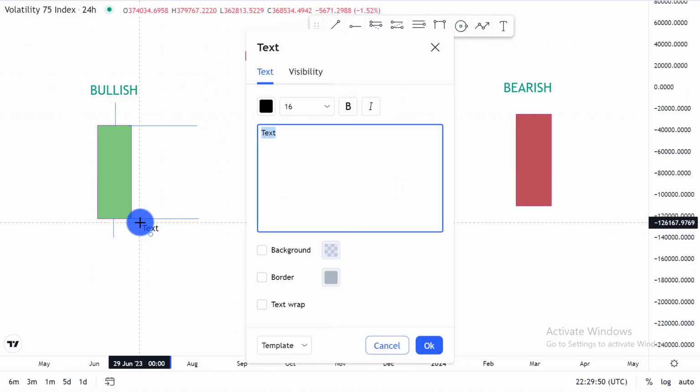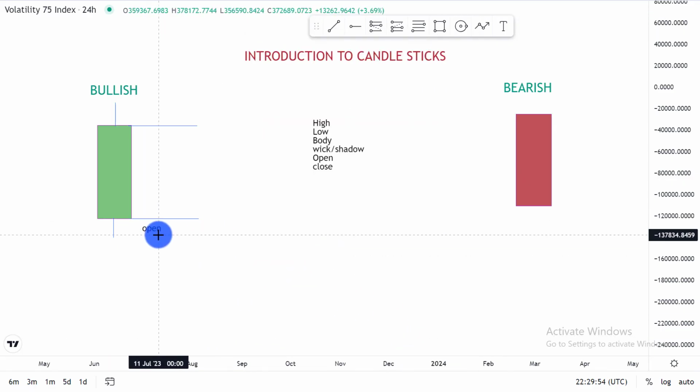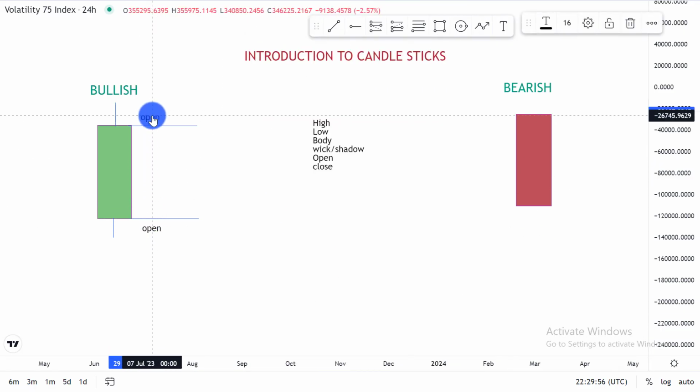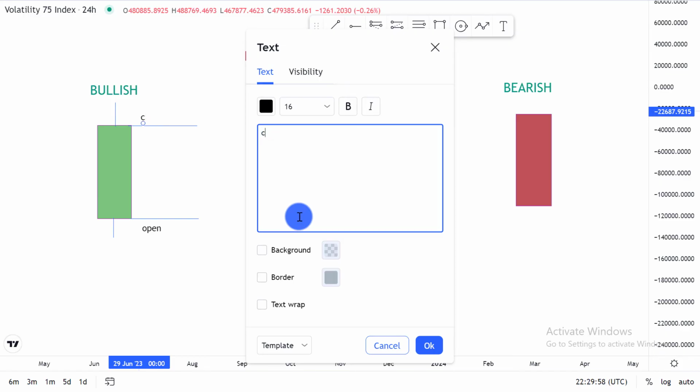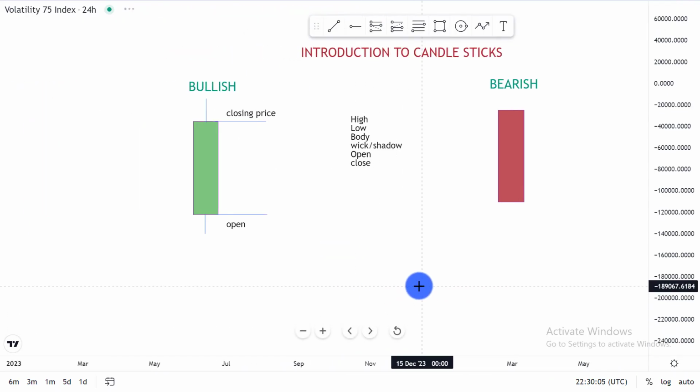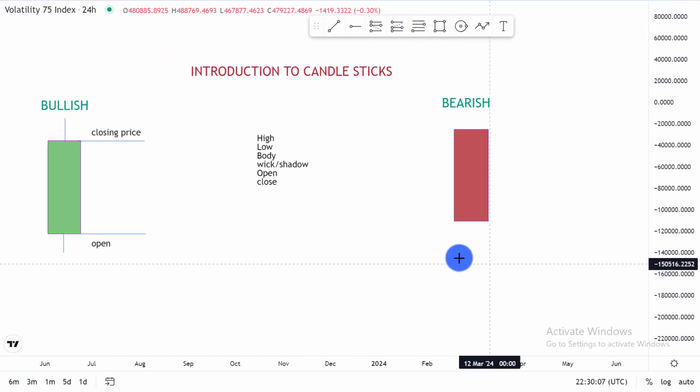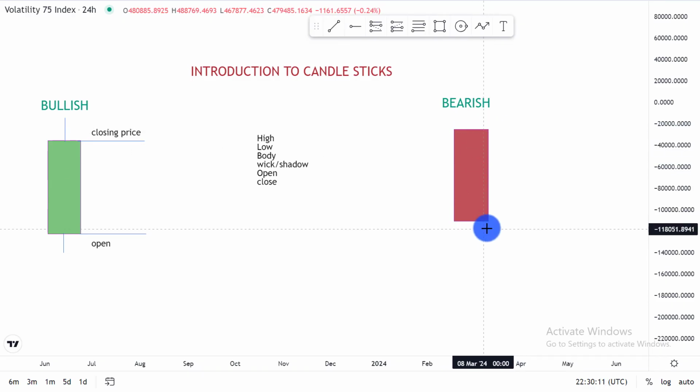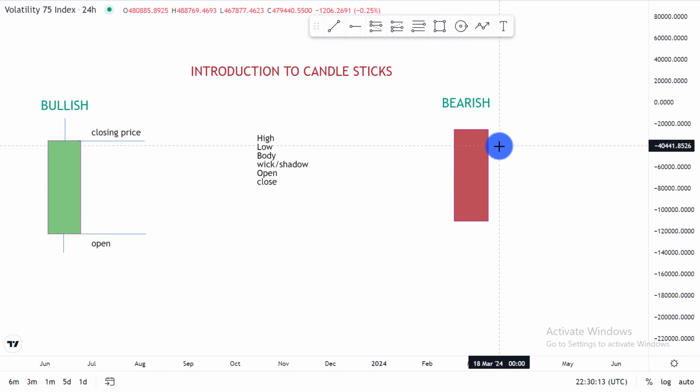A bullish candle will have its opening price lower and the closing price higher than the opening price. The same thing for a bearish candle. When the candle opens high and then closes below, that's a bearish price action.